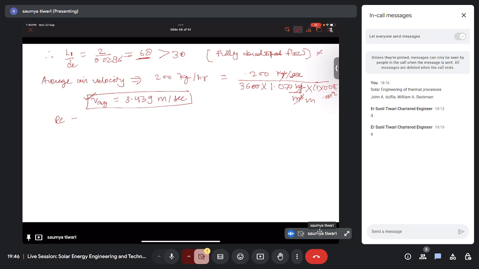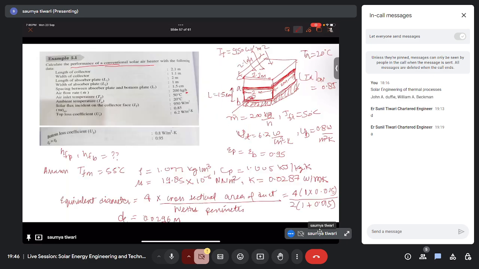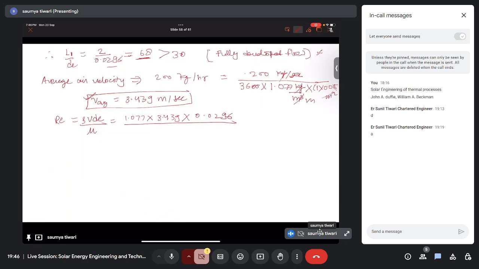So the Reynolds number, you know the formula, it's rho v times the equivalent diameter upon your viscosity, right? We know the density, it's 1.077, into velocity 3.439. The equivalent diameter we also know, the D value is 0.0296, upon your mu value, 19.85 into 10 to power minus 6.